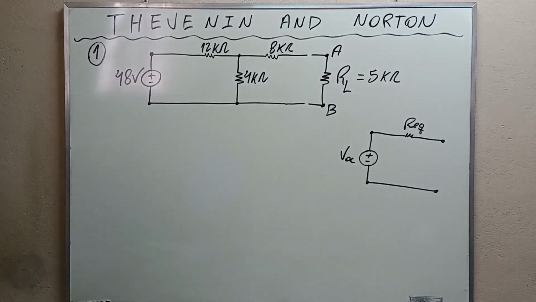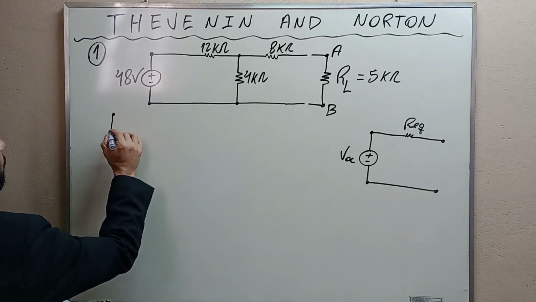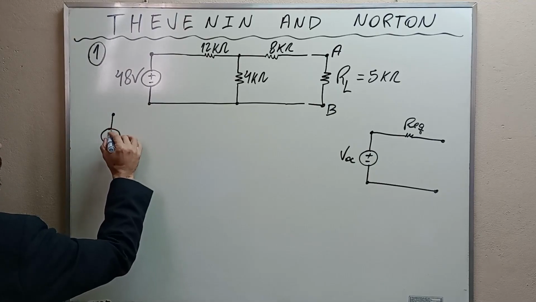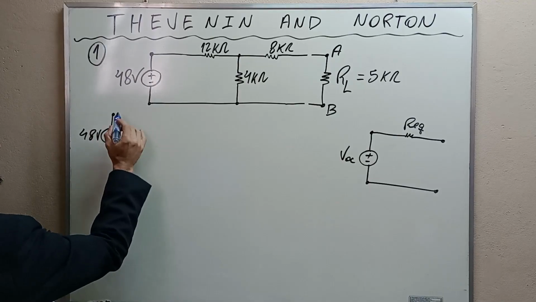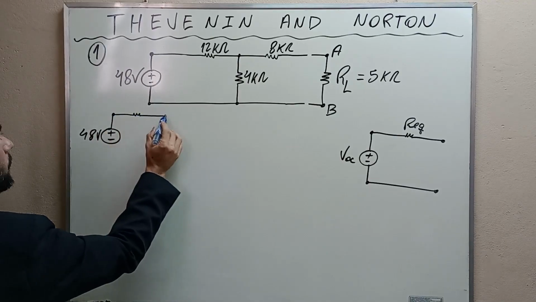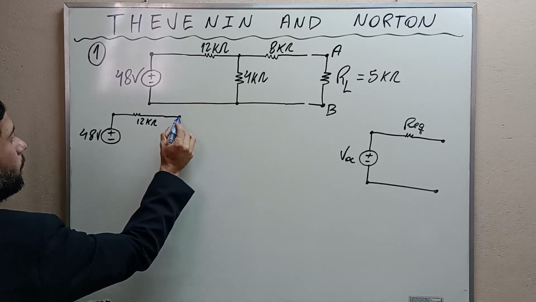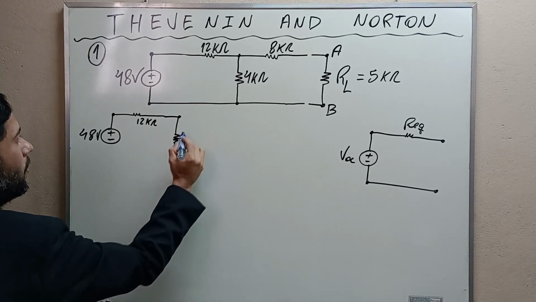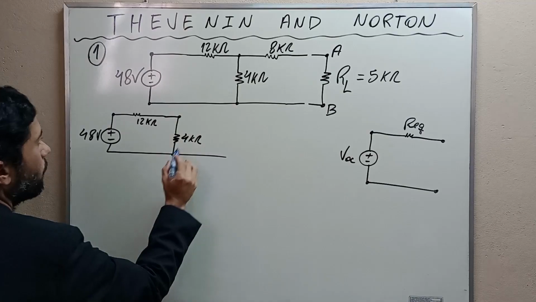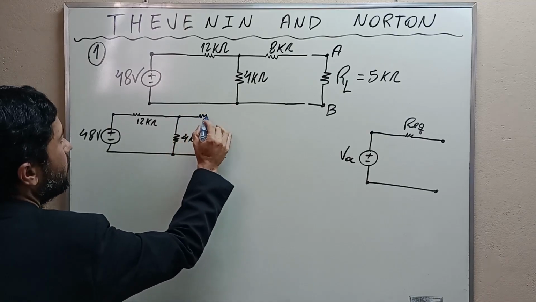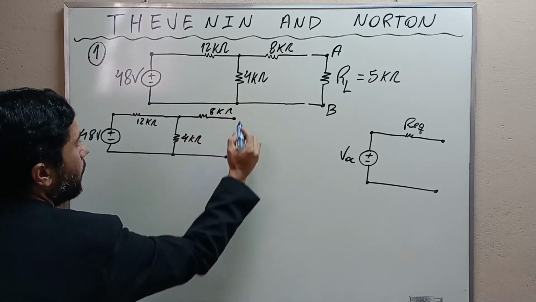Let's do it. I'm going to redraw the circuit here. This is the voltage source. This is the 12 kilo ohms resistor. This is 4 kilo ohms. And this is 8 kilo ohms, okay?